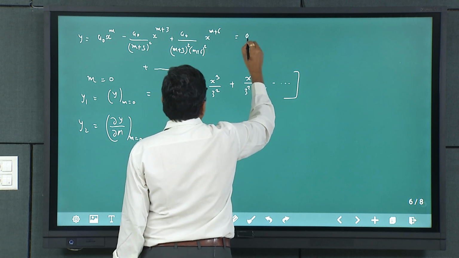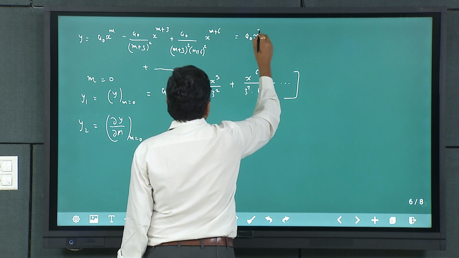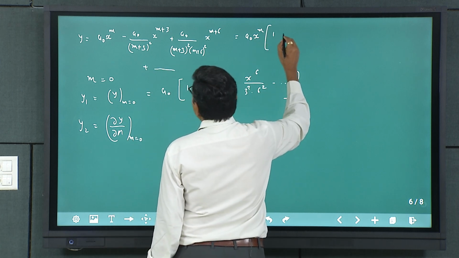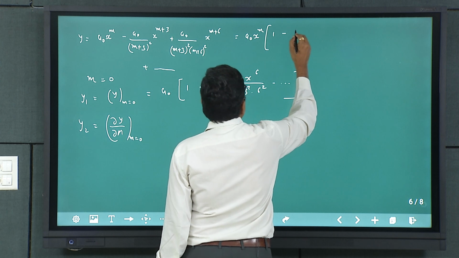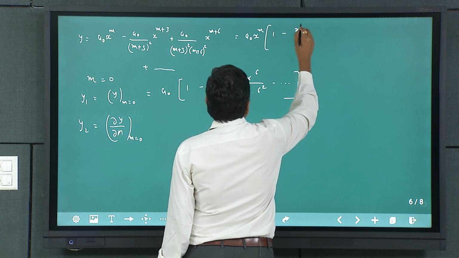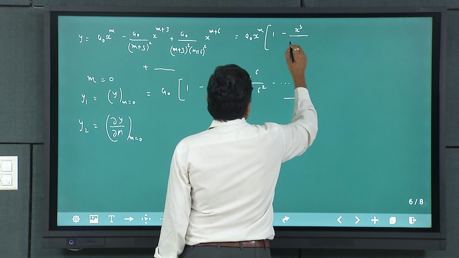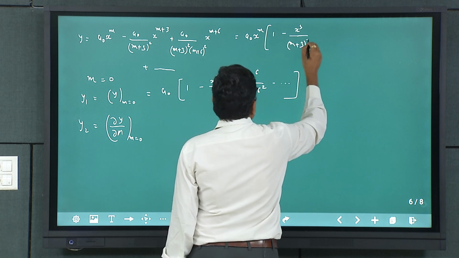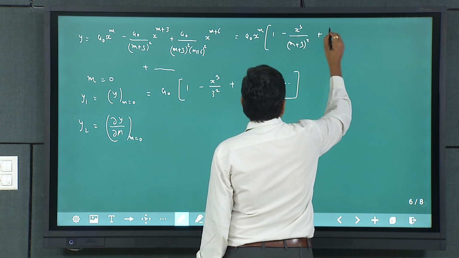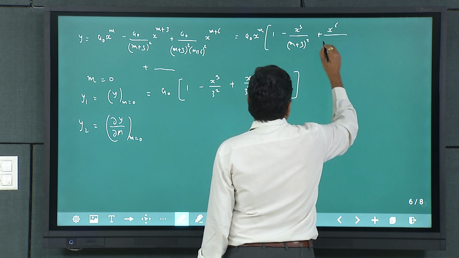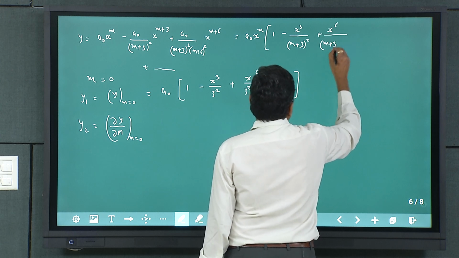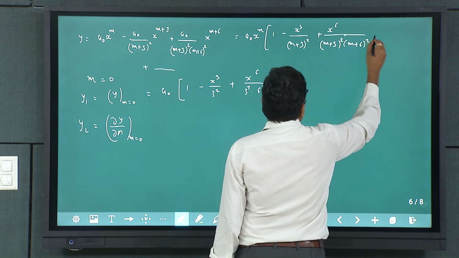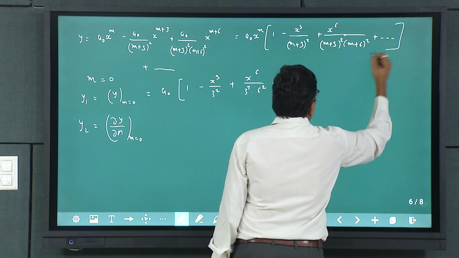So we can take a0 common, x raised to power m common, right. So what remains? 1 minus x cube upon (m+3) whole square plus x raised to 6 upon (m+3) whole square (m+6) whole square and so on, okay.